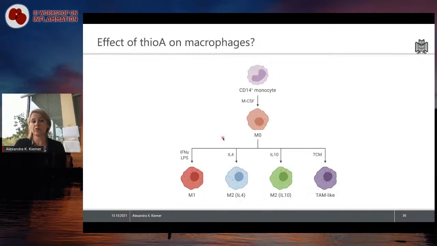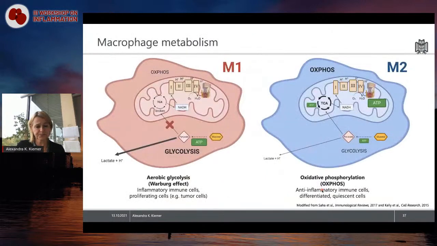But I promised you that, of course, we also wanted to look into its effect on macrophages. Again, we used this polarization scheme: non-polarized macrophages and the different polarizations.